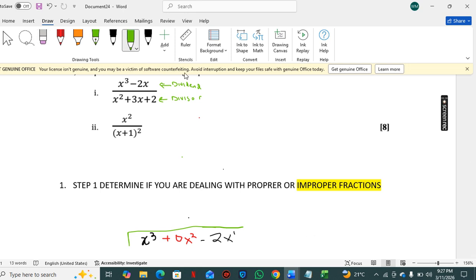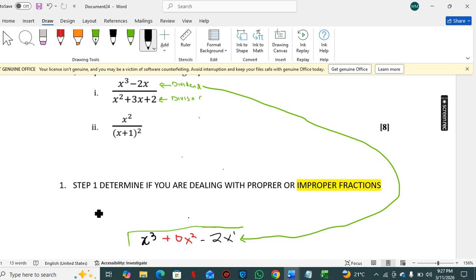So, have you seen, colleagues? The dividend, which is the numerator, goes where? Inside the division sign. Do not put them the other way around. Then the divisor, the one which is doing the dividing, is the one that comes outside here. So the divisor is what? x squared plus 3x plus 2.